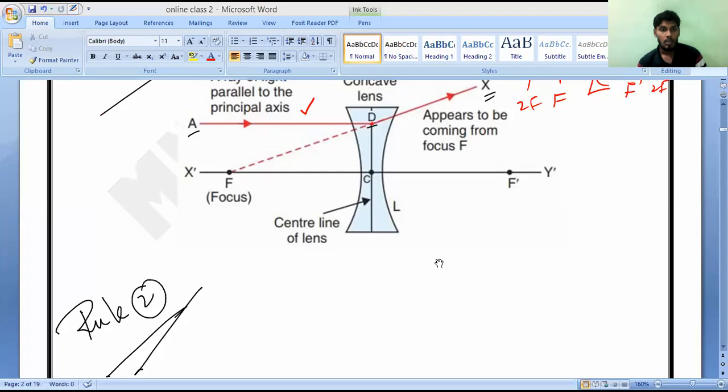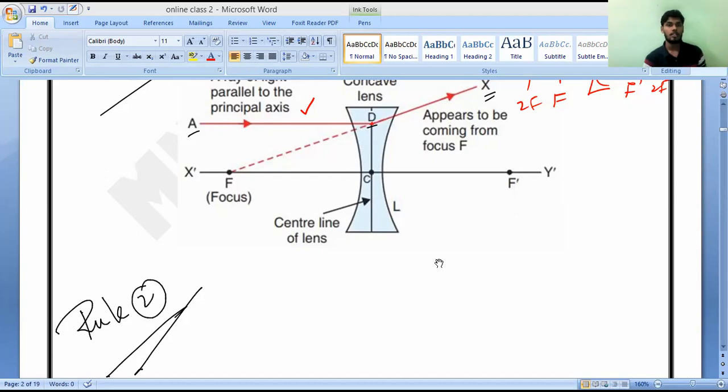Rule number 2: a ray of light passing through the optical center of a concave lens. Whatever the lens, if any light goes through the optical center, what will happen? It will go straight after passing through the lens. That is what you have to remember.